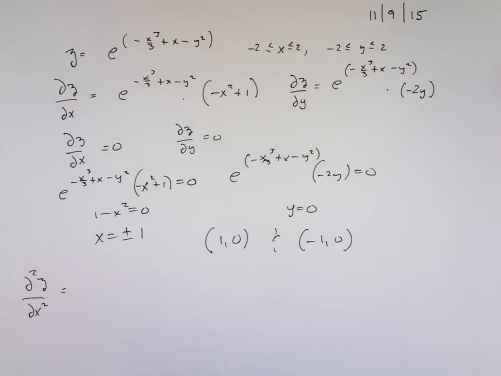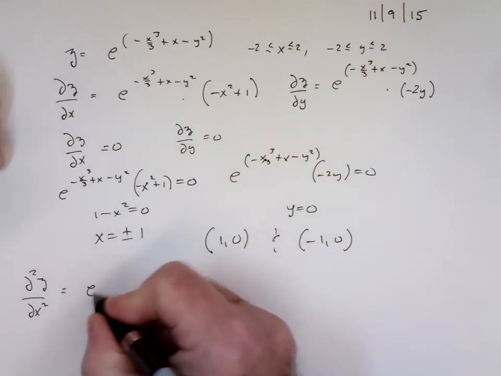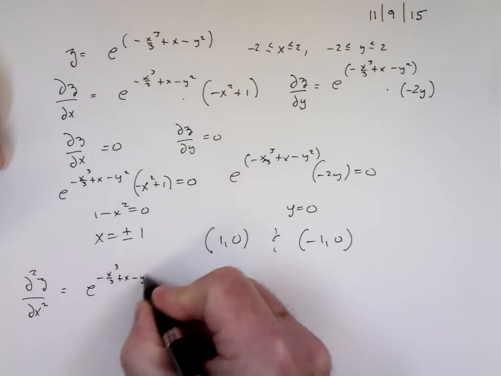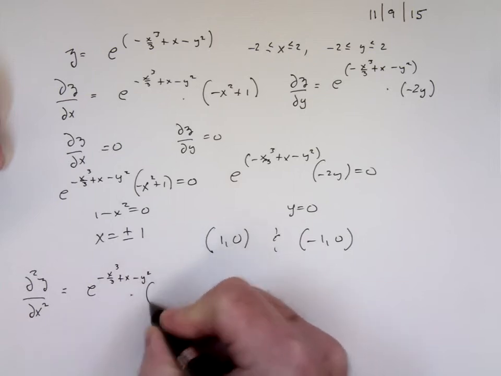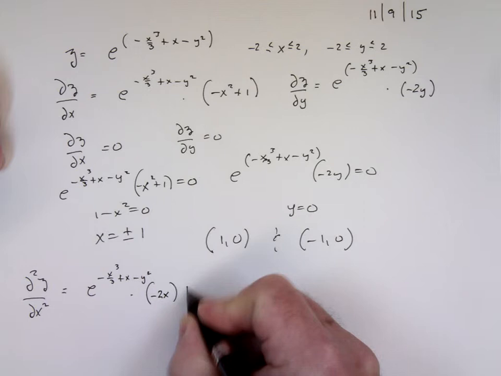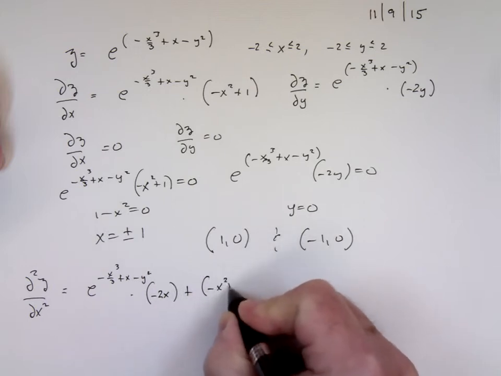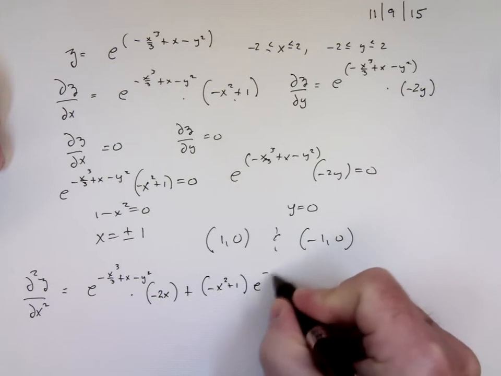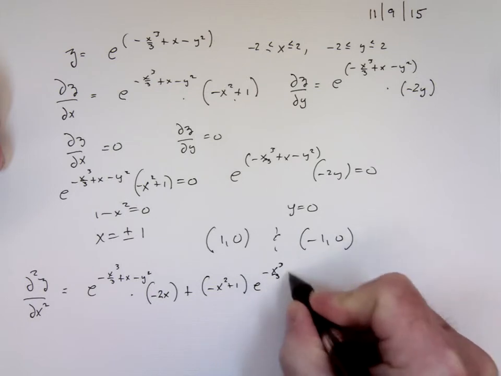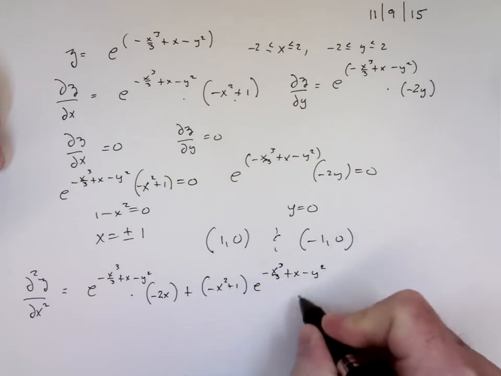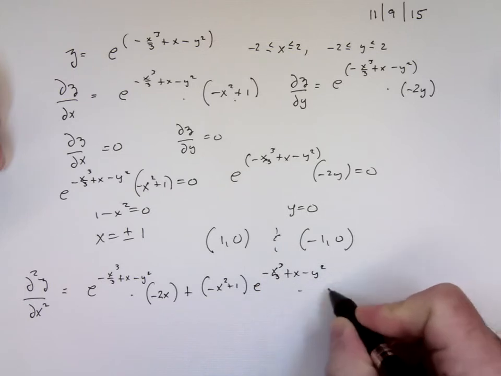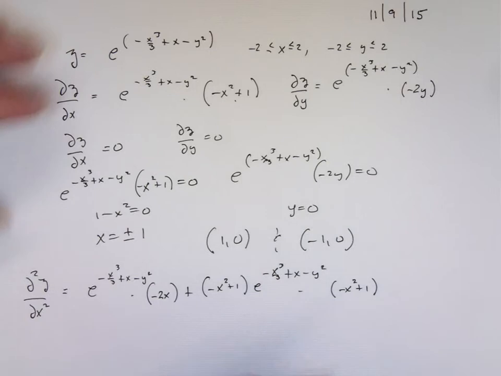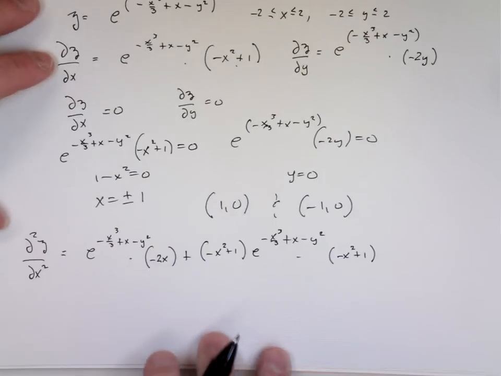It's a product rule. It's first times the derivative of the second plus the second times the derivative of the first. And the derivative of this with respect to x, we already know, is negative x squared plus 1. So what happens here is this.